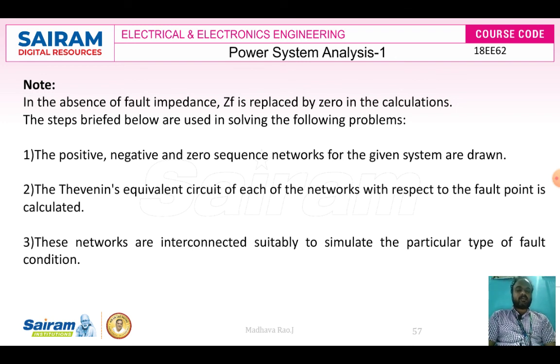And also we will follow these steps. Positive, negative, zero sequence networks for the given system are drawn. Even though fault impedance is 0, we have to draw positive, negative, zero sequence networks. The Thevenin equivalent circuit of each of the networks with respect to the fault point is calculated.